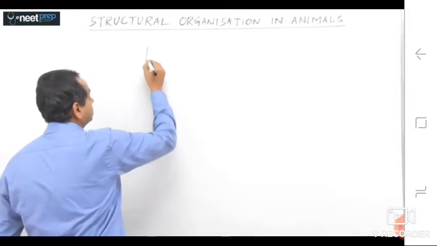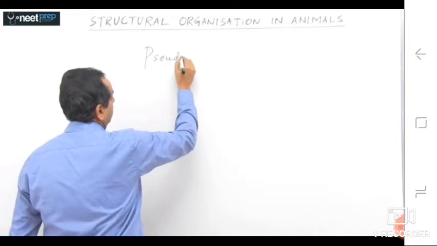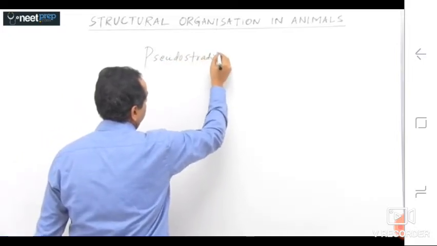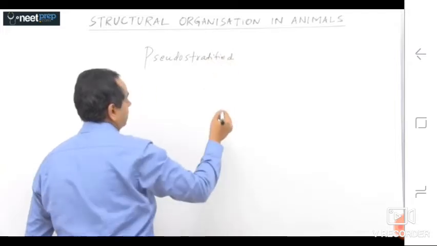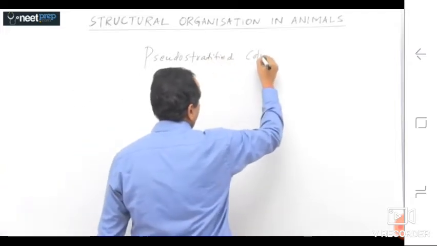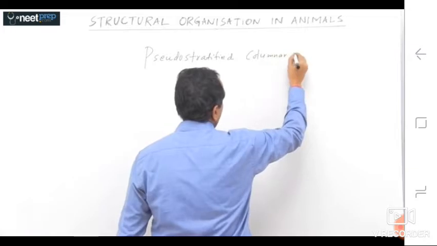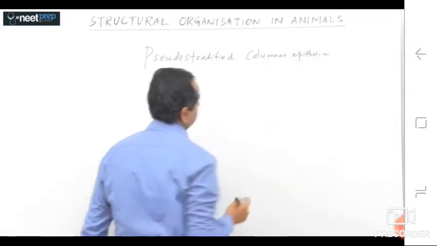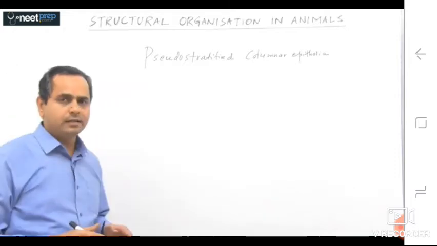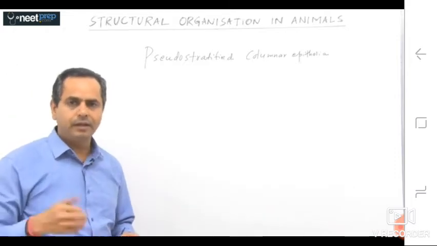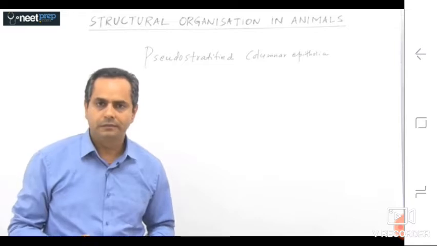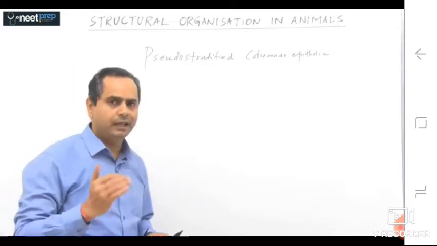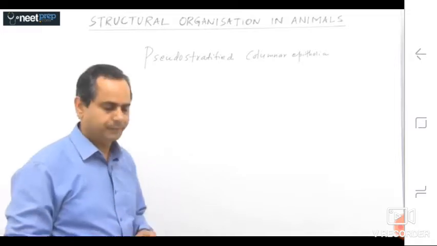This term called pseudo-stratified columnar epithelia. That is basically a simple epithelia, but it appeared like compound epithelia. It's the false appearance of compound epithelia because of varying length of cells.